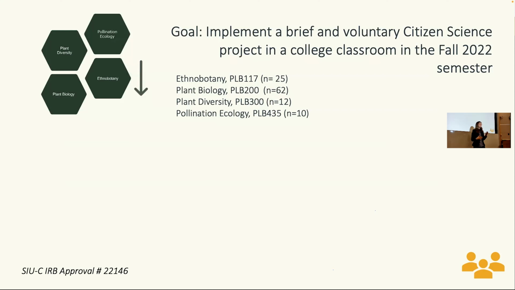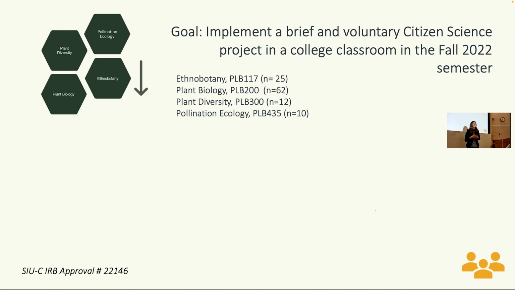So my goal was to implement this project briefly in the fall of 2022. And so I implemented this project in 4 different classes in the plant biology department. They ranged from lower level courses or introductory courses to 400 level advanced courses.